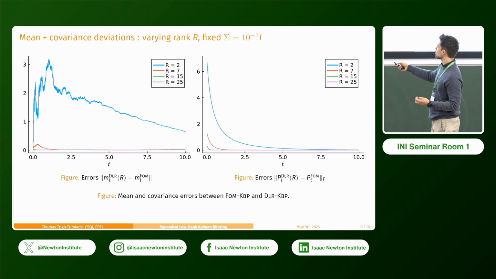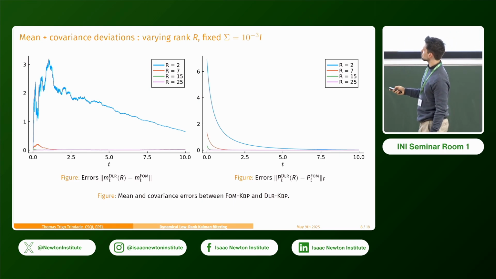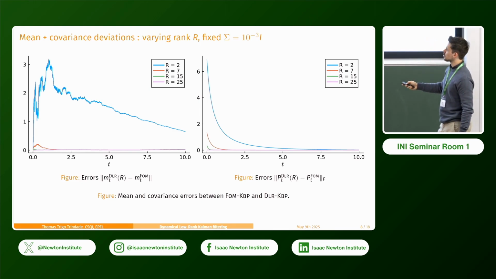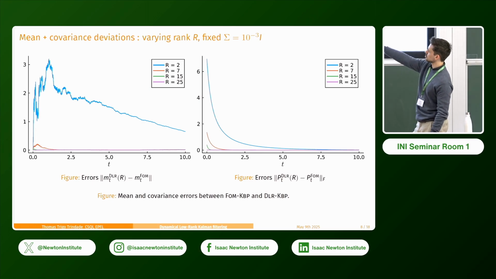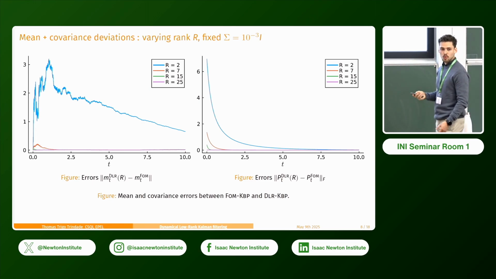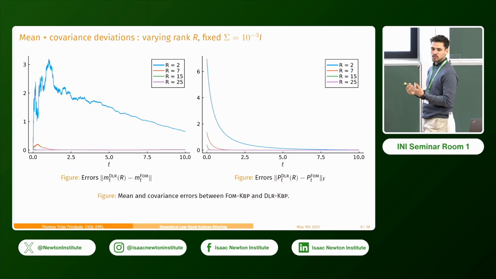And you can see here, if you use a very small rank, then you're committing a big mistake over time at the beginning. But as soon as you increase the rank, so r equals 7, the error is already much smaller. With r equals 15, you can barely see it. And r equals 25, then essentially you're committing no error. Of course, at this moment, since you have the exact rank, you're essentially computing the full model, and then you have no real gains.